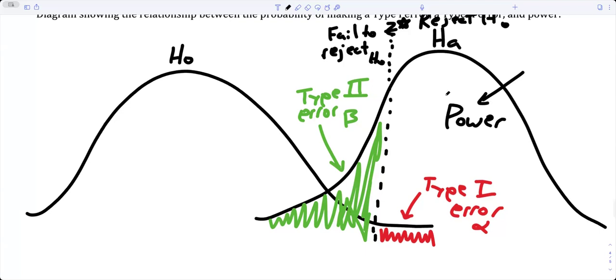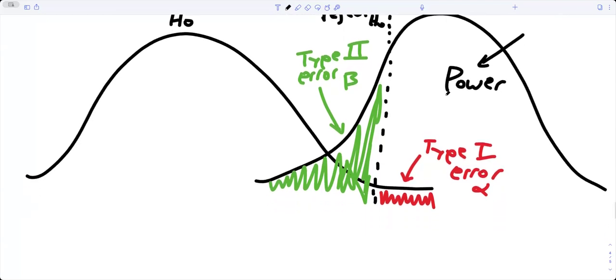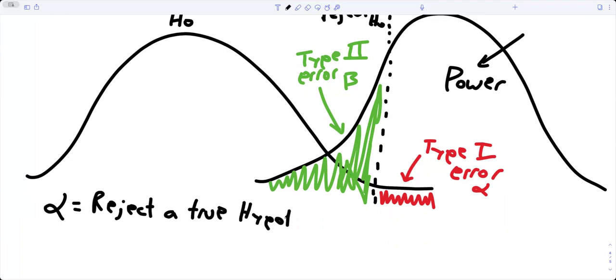All right, so let me make a few notes here. Alpha means we reject a true hypothesis. That's a type 1 error.